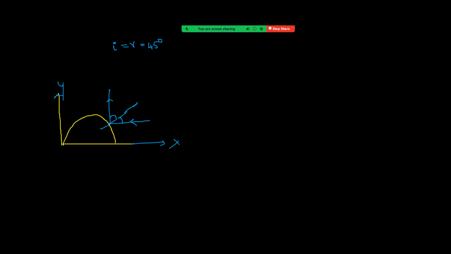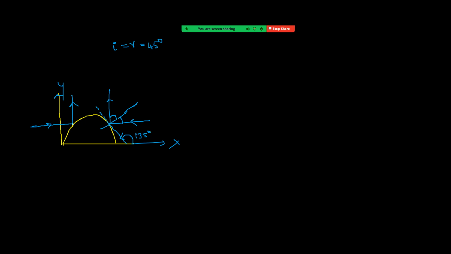And if you draw the tangent at this point, that tangent makes angle 135. See carefully, it is 135 with the positive x-axis. That means slope equal to -1. And the next possibility is the light ray traveling towards the right side and becoming vertical.